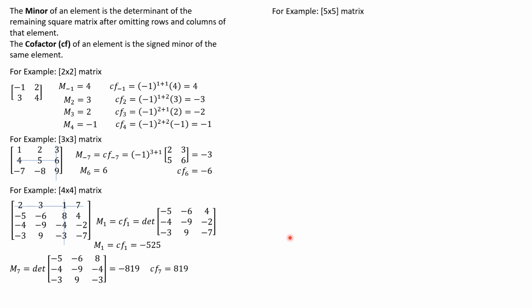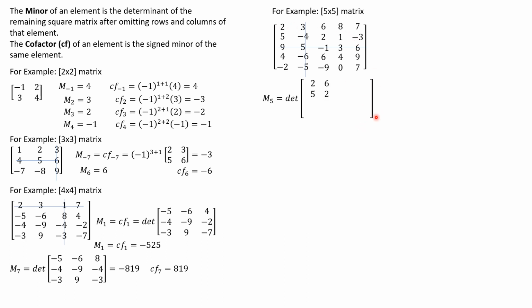Then for a 5 by 5 matrix, let us say we want to obtain the minor and cofactor of element 5, this element here. So the minor is the determinant of the 4 by 4 matrix.